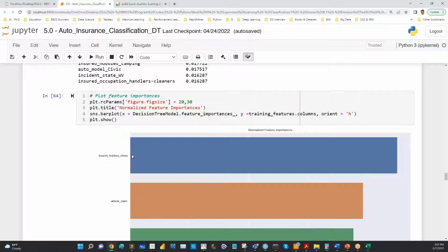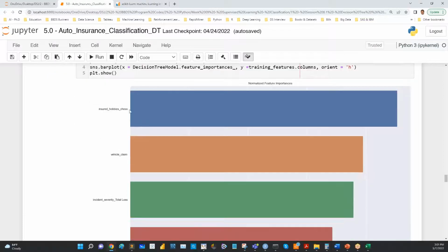You might think that probably the best indicator would be age, marital status, income, but it turns out to be hobbies, and it turns out to be chess hobbies. What would be the explanation? I have no idea. We need to consult a psychologist to answer this type of question.